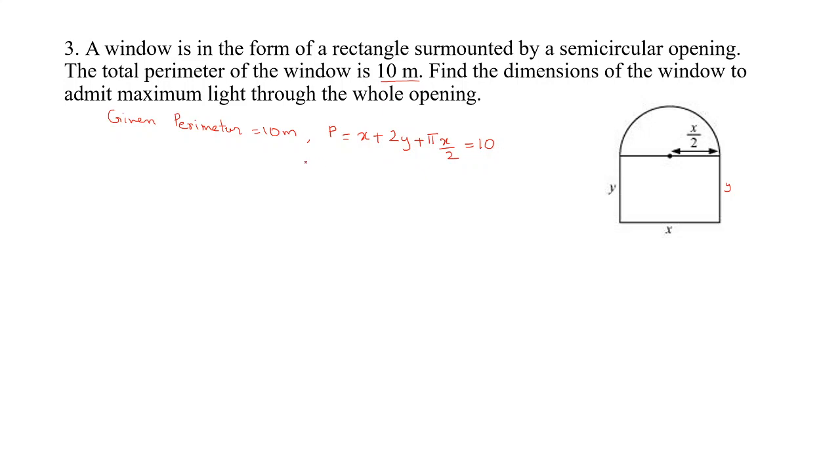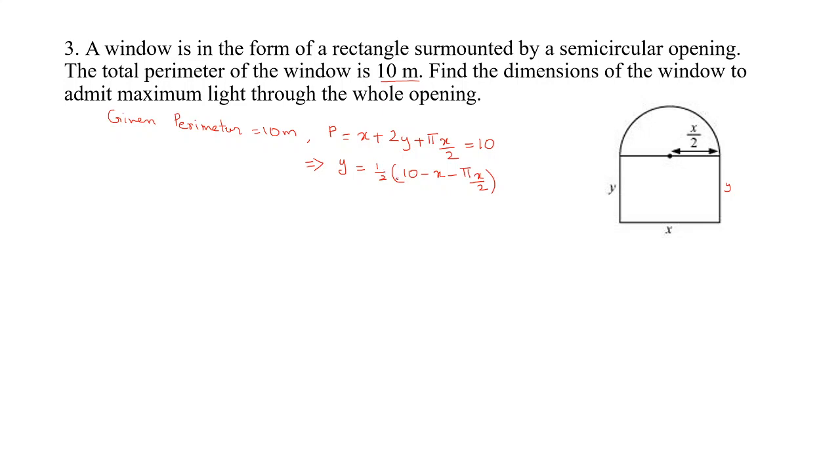Now from this we can find y equals to 1 by 2 into 10 minus x minus pi x by 2. So we can find y in terms of x here.